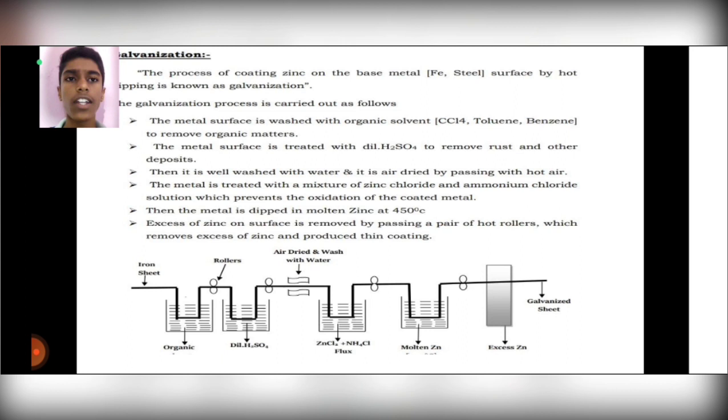The metal is dipped in molten zinc at 450 degrees Celsius. The excess zinc on the surface is removed by passing through hot rollers, which produces a thin coating of zinc.